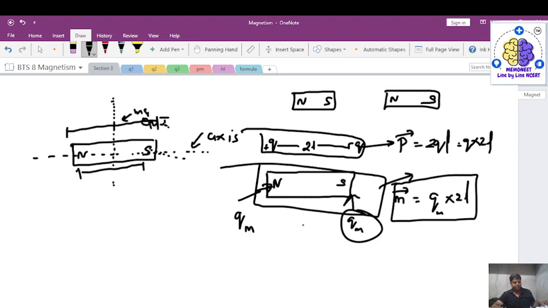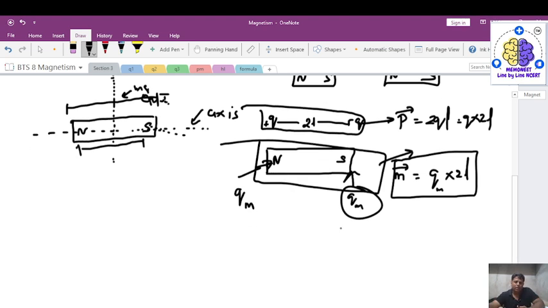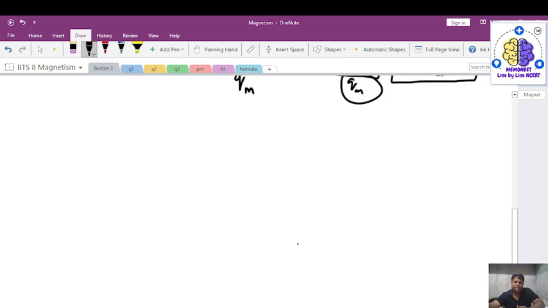Now, moving forward, we will take reference of electrostatics, because it is very easy to understand magnetism with the help of electrostatics, which we have already studied. In electrostatics, suppose we have a dipole with charges Q and minus Q, and the length is 2L.